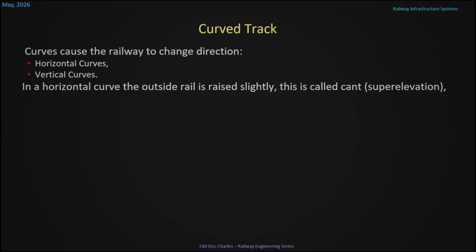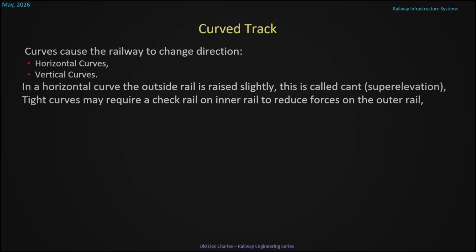In some horizontal curves, the outside rail is raised slightly, and this is called cant, or super elevation in some places. If you have a tight curve, you may want to put in what they call a check rail on the inner rail to reduce the forces on the outer rail.